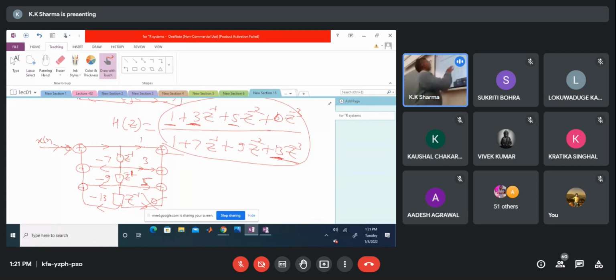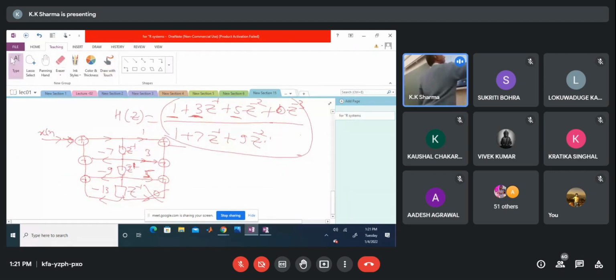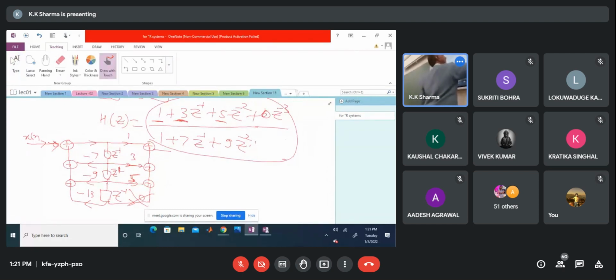So generally, second order filters are implemented because of many advantages in the modularity and in the finite word length effects. So in that case, this will be 0.